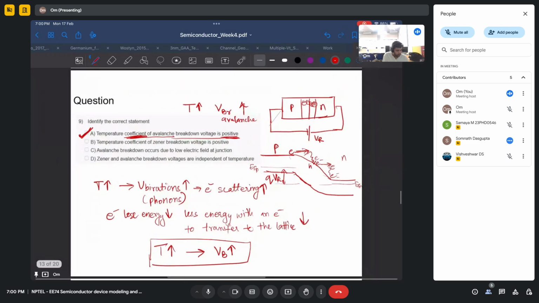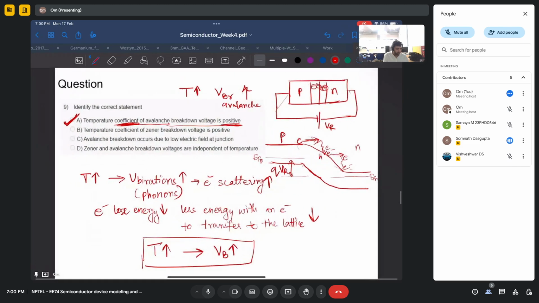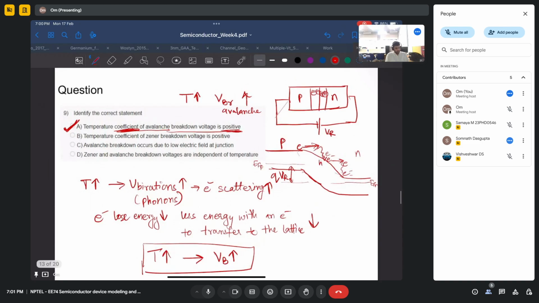Sir, if the temperature increases, vibration increases, and electron scattering also increases. Then sir, one more time, what is phonon scattering? Okay. Your lattice is nothing but a systematic arrangement of different, let's say, silicon atoms, right?